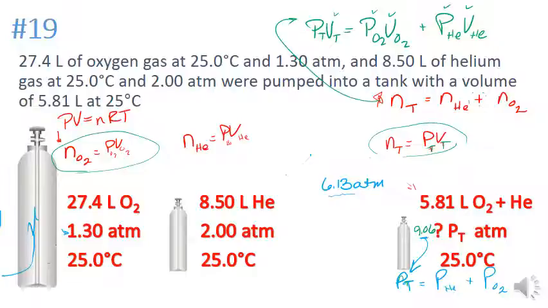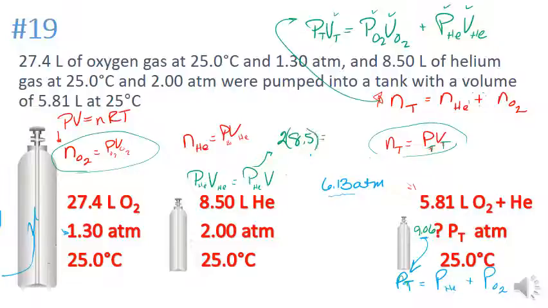So here we had an initial pressure of the helium. We had an initial volume of the helium. We don't know helium's partial pressure, but we do know its new volume. So we had an initial pressure of the helium, which was 2, correct? Yes. Multiplied by 8.5.